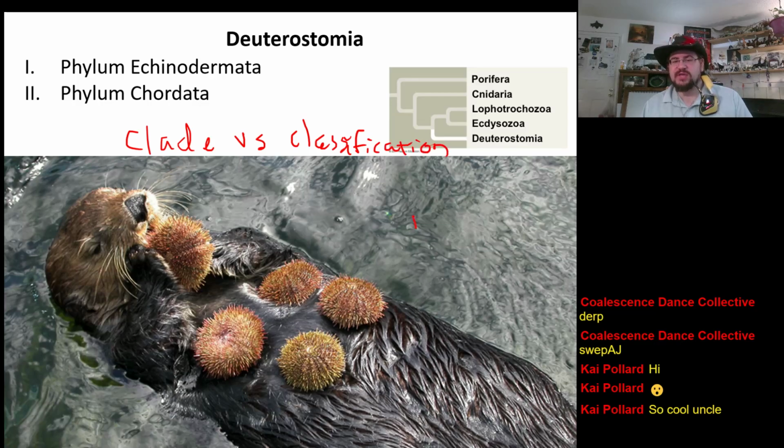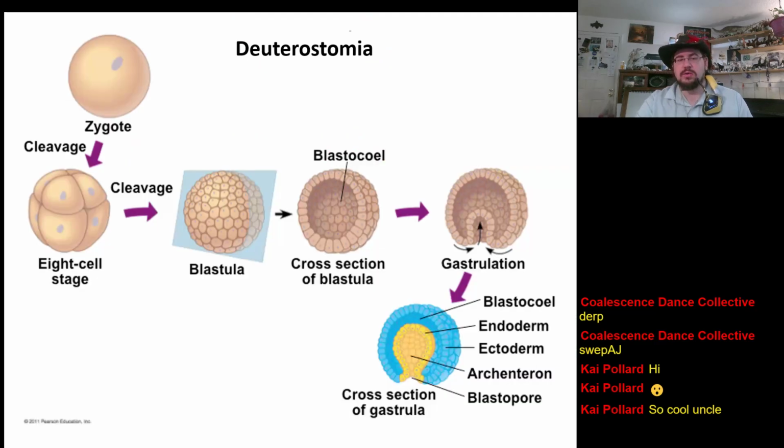Classification is kingdom, phylum, class, order, family, genus, species. Clades are groupings of organisms based on relatedness. So, clade Deuterostomia, not Linnaean, includes Phylum Echinodermata and Phylum Chordata. So, we continue.